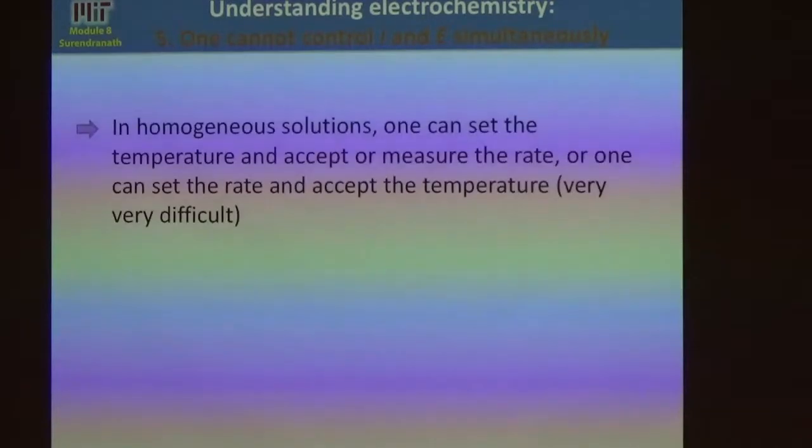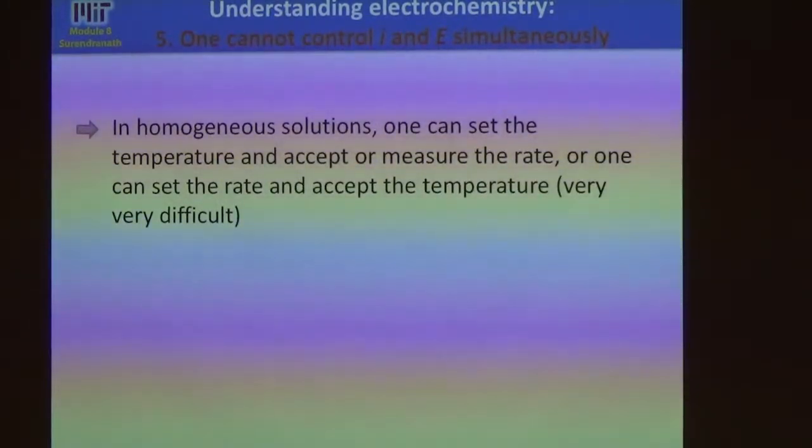The other important thing to appreciate in electrochemistry is that you cannot control the current and the potential independent of each other. The system determines how current and potential are related to each other, and they're related by the kinetics of the underlying reaction. So that's really, really important to appreciate. It's kind of like in homogeneous solution, where you can set the temperature for one given reaction.